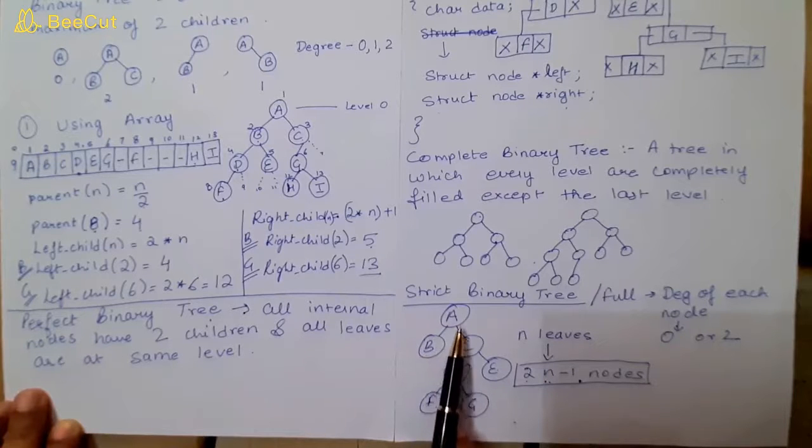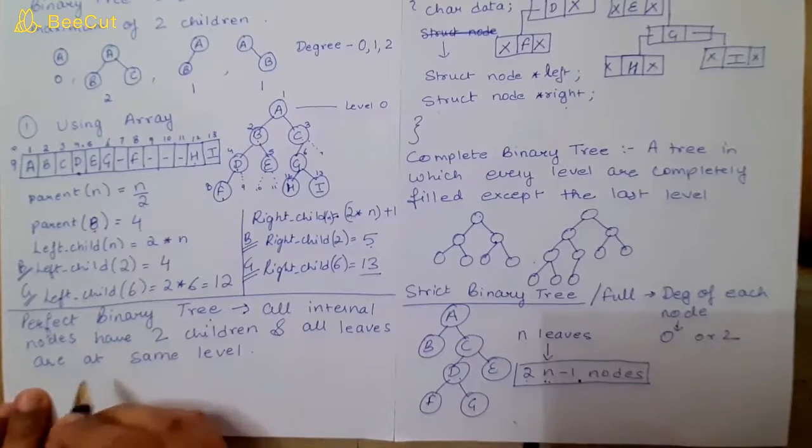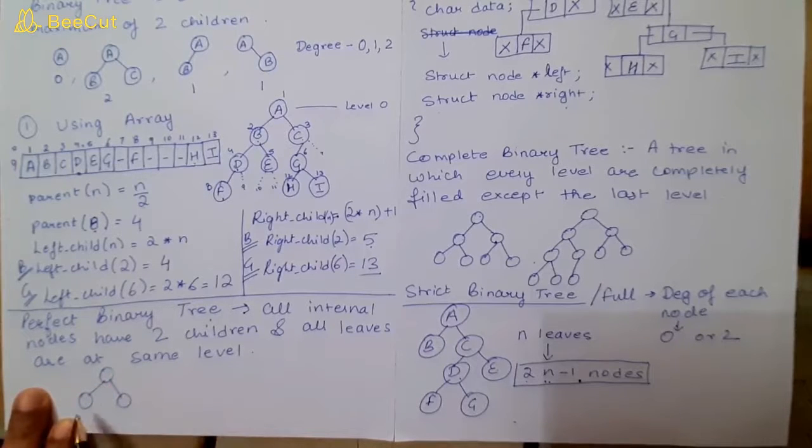So if you can see here, internal nodes are having 2 children, but their leaves are not at the same level, because B is at level 1, E is at level 2, F, G are at level 3. So all the leaf nodes are at different levels. So a tree will be a perfect binary tree only if leaf nodes are at the same level. Like in this case, these are the leaf nodes and these are at the same level.